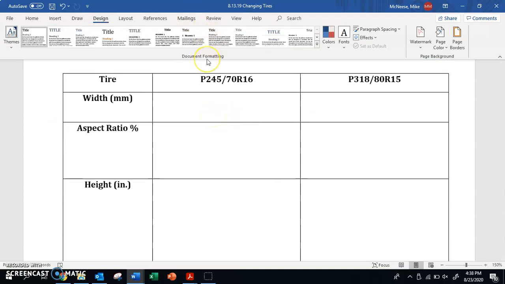Remember, this number right here is our width. For the old tire, we've got 245 millimeters. For the new one, we've got 318 millimeters. Aspect ratio is that second number, so we've got 70% and 80%. 70% as a decimal is 0.7, and 80% is 0.8.